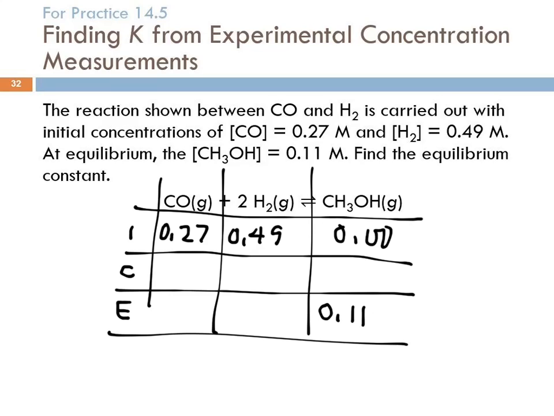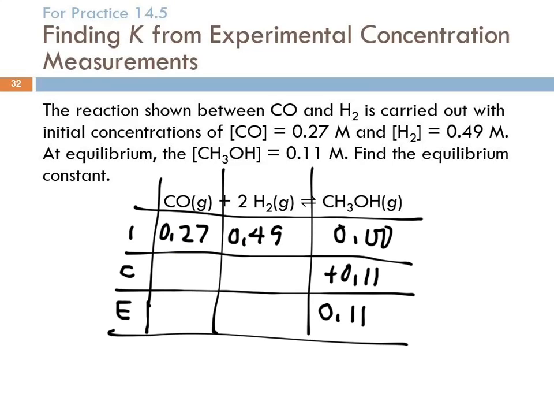So now we're going to fill the rest of it in. The change in the methanol, it went from 0 to 0.11. That's a change of plus 0.11, right? So the product went up. That means that the reactant concentrations have to go down because they're being used up.